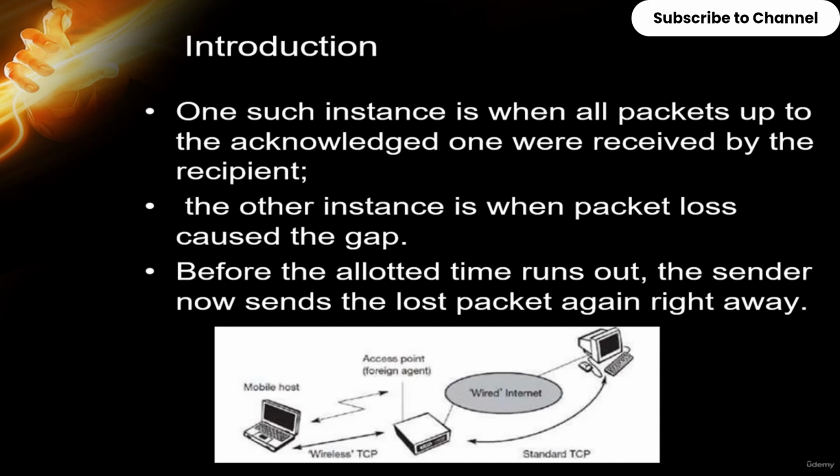The mobile device sends a synchronization packet to the server for initializing the connection. The server responds with a synchronization acknowledgement packet, and then the mobile device also sends an acknowledgement and the connection is established. So it's a three-way.